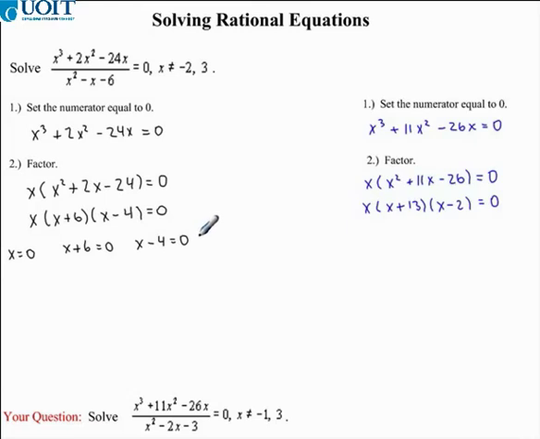The last thing we need to do is to determine the value of our x that makes these expressions equal to 0. In other words, we need to isolate for x. So, x equals 0, this is already done for us since our x is isolated. In this expression, we need to find out what value of x makes this left-hand side of our expression equal to 0.